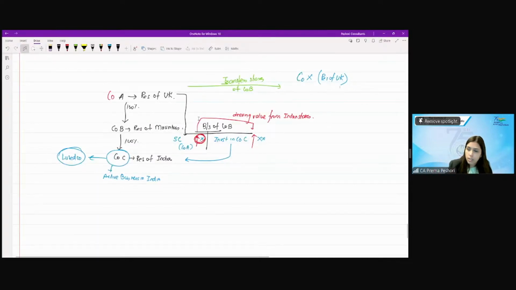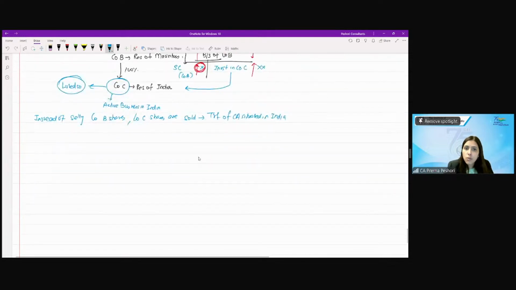So if instead of selling company B shares, company C shares are sold, there will be transfer of capital asset situated in India, because shares are capital asset, right?